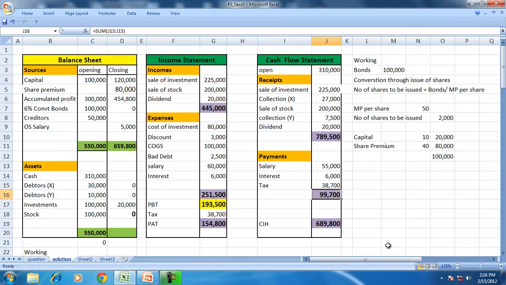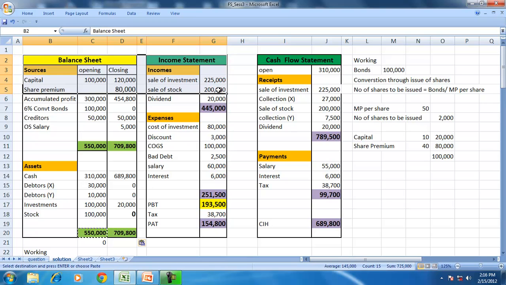The cash outflow is 99,000, so cash in hand is 689,800. No other transactions, so no change in the creditors during the period, and the total of the assets should be equal to the total of the sources.